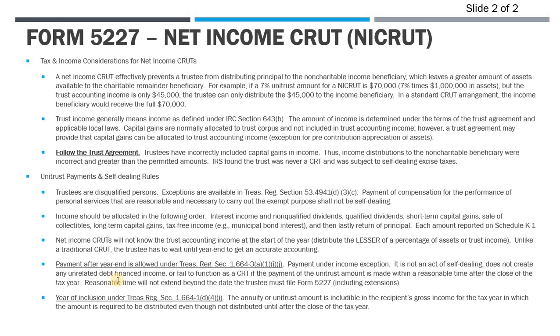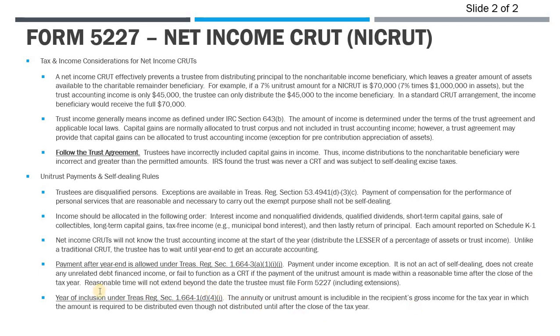So the first one is, can we make the payment after the end of the year? And the answer is yes. If the trust has this net income exception, it is not going to be an act of self-dealing, doesn't create any unrelated debt financing income, or jeopardize its status as a charitable remainder trust if the payment of the Unitrust amount is made within a reasonable time after the close of the year.